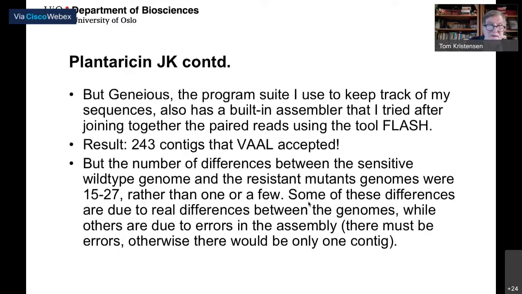So I became desperate, but fortunately, the program suite I had used to keep track of the sequences also had a built-in assembler, which I tried in desperation and managed, after a couple of tricks which I won't go into, to get an assembly of 243 contigs that Val actually accepted as a reference genome. So we could finally start comparing the resistant mutants to the wild-type sensitive genome.